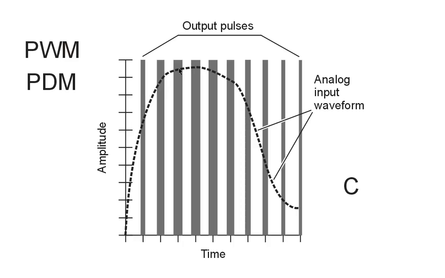That is to say, as the amplitude increases of the analog input waveform, the pulses get narrower or shorter. That would be a negative pulse width modulation. What we see here is positive pulse width modulation. So that's the answer here.